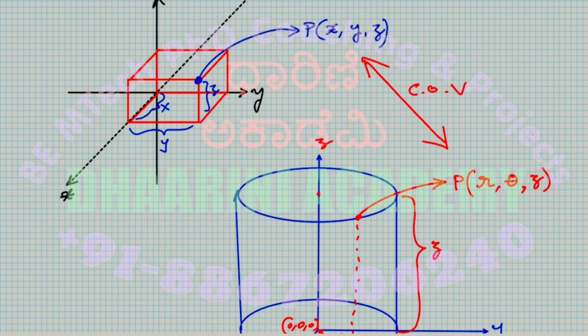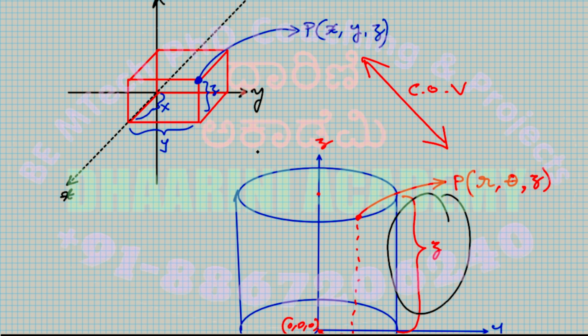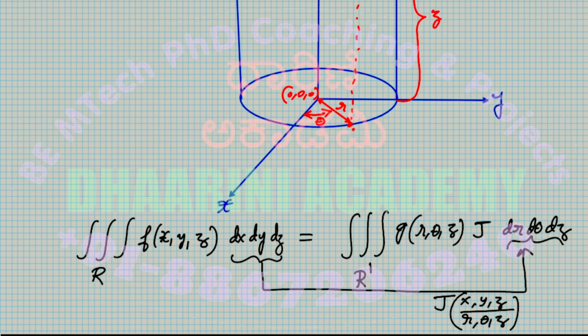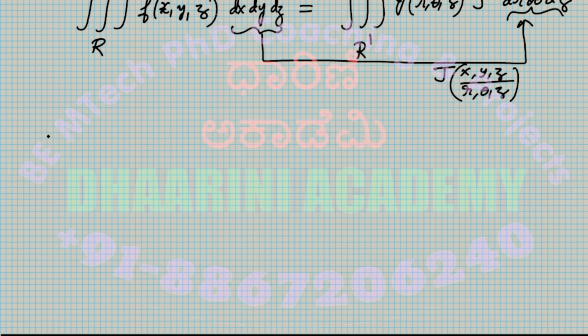Z was measured as a distance along the z-axis, but the same thing remains here. So there is no change in the z of rectangular and cylindrical. So z remains the same in both cases, height is still there. So that's the first point. Let's try to write the required equations, the relationship.